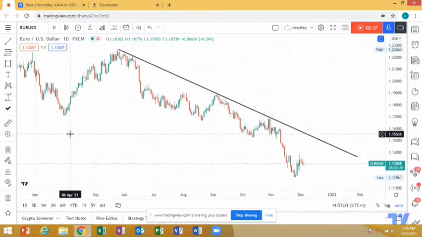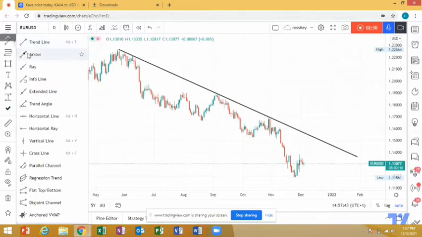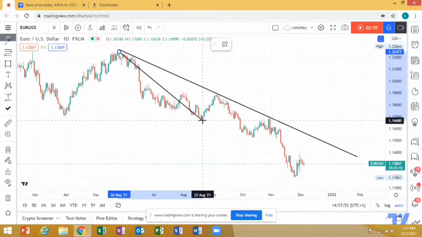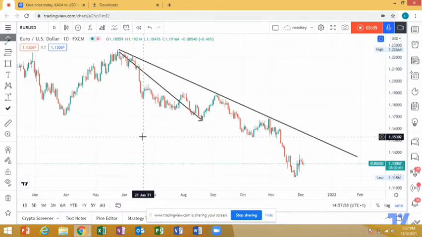So now let's figure out which ones are the impulsive moves and the correctional moves in this particular chart. Let's use this arrow. You see, the trend started somewhere around here. If you draw a straight line to this place, this is an impulsive move because the market was going down throughout, from where the trend started to this point.